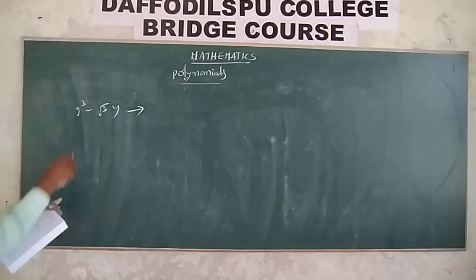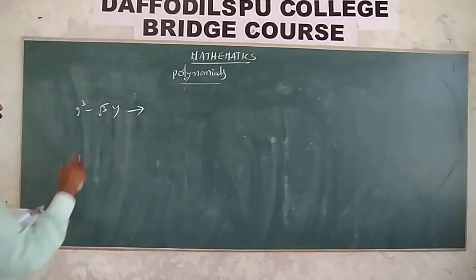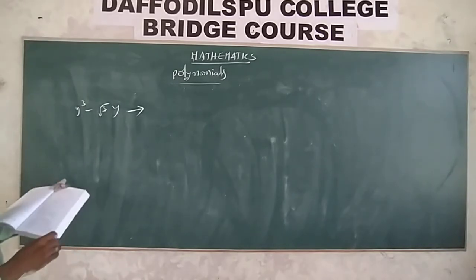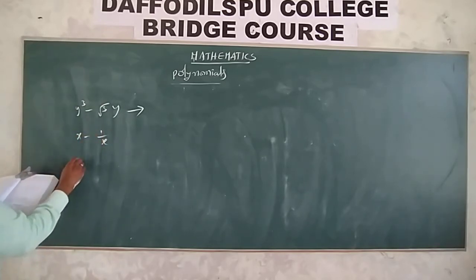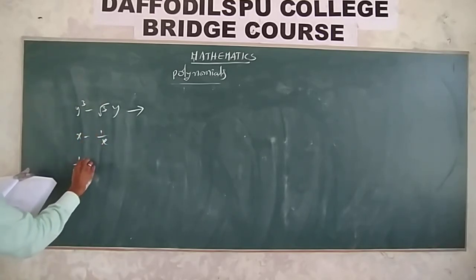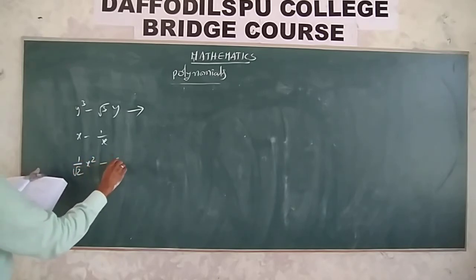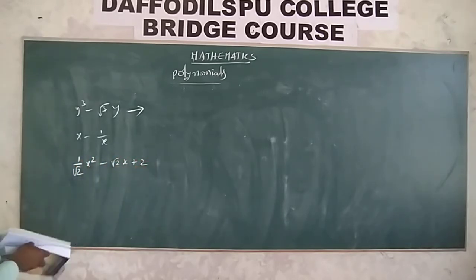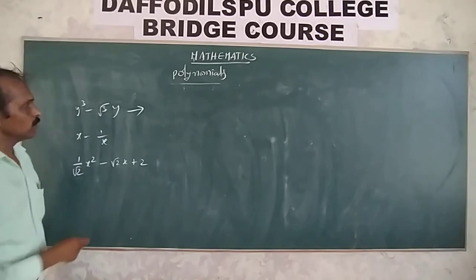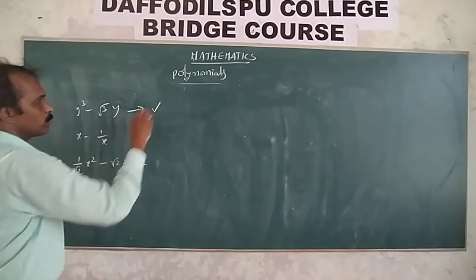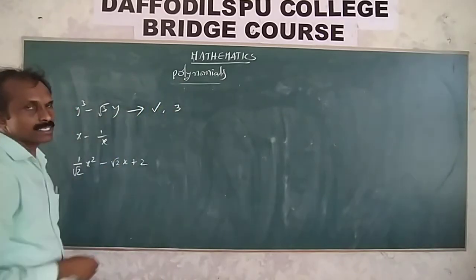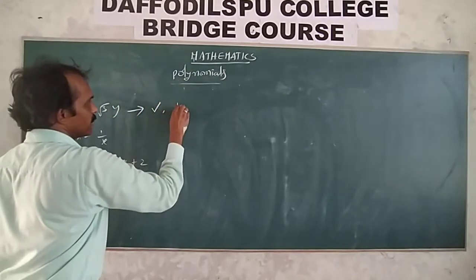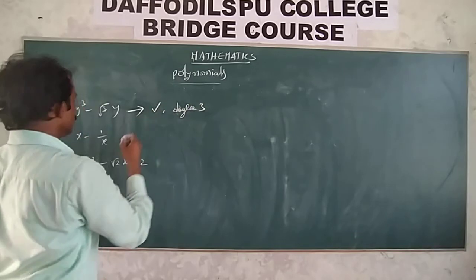It is asked which is a polynomial and what its degree is. Is this a polynomial or not? Polynomial. Correct. And what is its degree? Degree is 3. It is a polynomial and the degree is 3.